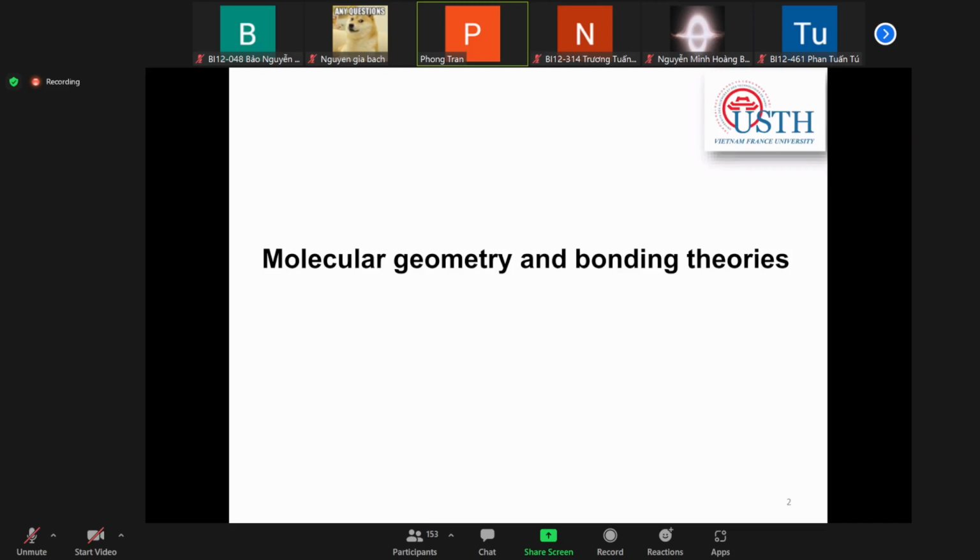That means a polar compound will dissolve in a polar solvent, and a non-polar compound will dissolve in a non-polar solvent. So how can the polarity of one chemical bond be converted to the polarity of a whole compound when we know the 3D structure of this compound?